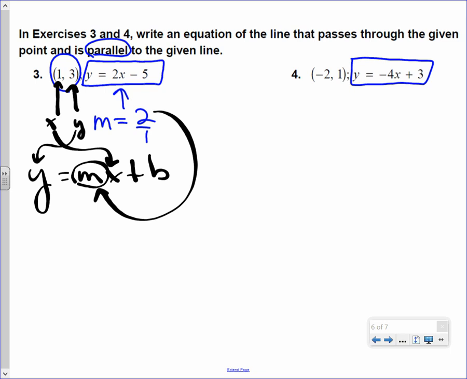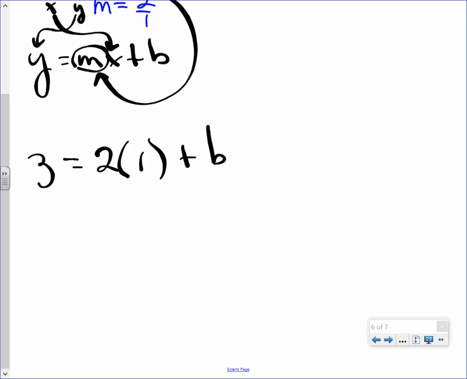You're becoming sharper and sharper mathematicians. I'm going to replace y now with 3, equals, slope is 2, because it's got to be parallel with this line. X has to be 1. Y equals mx plus b. Let's figure out what the y-intercept is. Once we know it, we're ready to rock and roll.